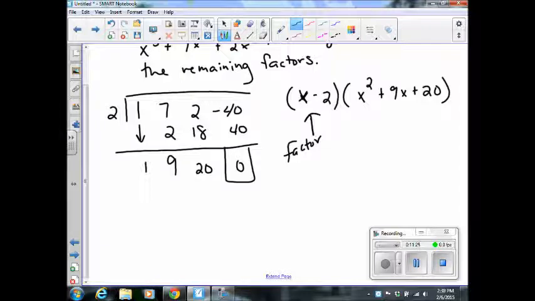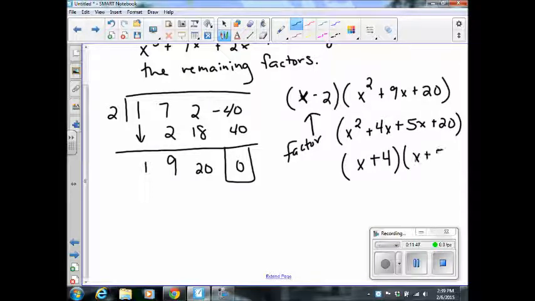For instance, if you're using your quad program, it might come out as no solution. We'll talk about that later on. Looking at this, I know that I have a factor of x plus 4 and x plus 5 as well. These right here are my remaining factors. There's no remainder.